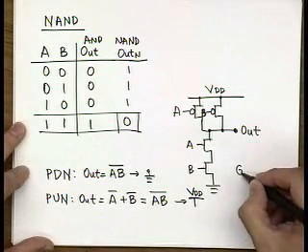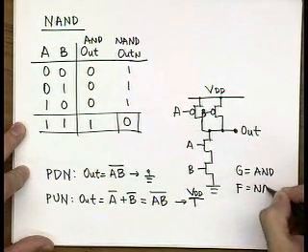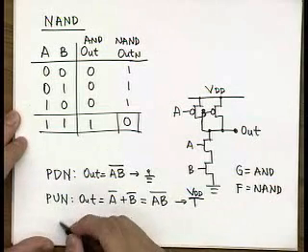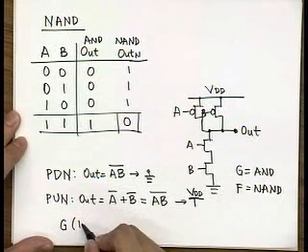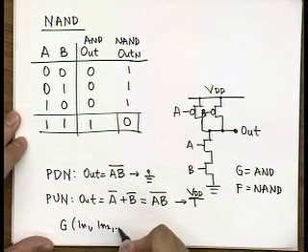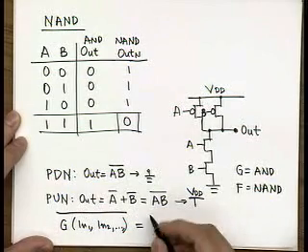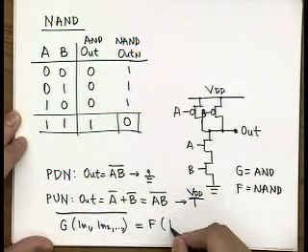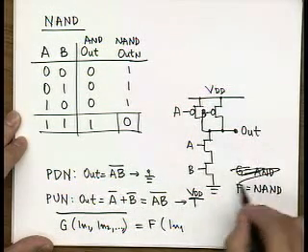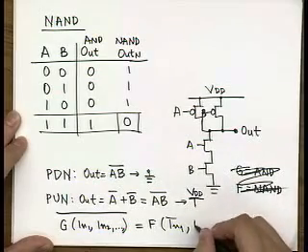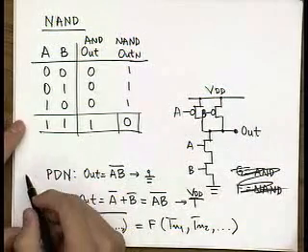So let's say if G is an AND and F is a NAND, then G of input 1, input 2, and so on is equal to F of all these complementary inputs.